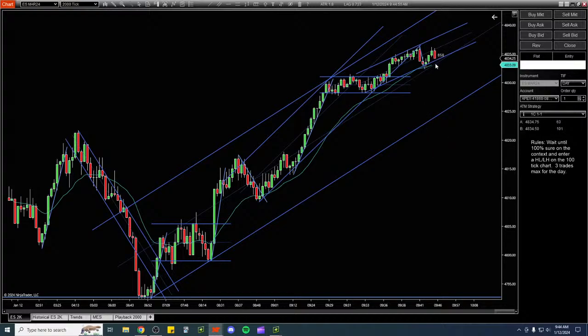So if prices make a higher low off of this trend line, I'll probably be interested. Not there. I don't know. It doesn't feel right. I feel like I need a better test than that. Even though that might be a touch right there, I want a better test.